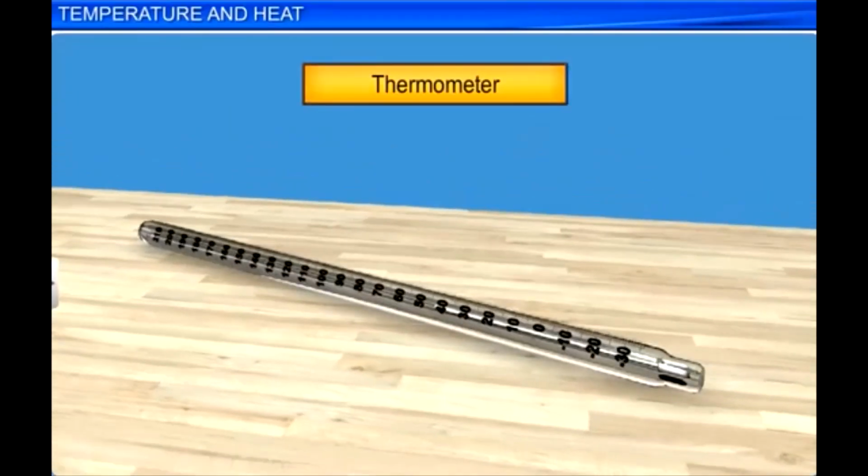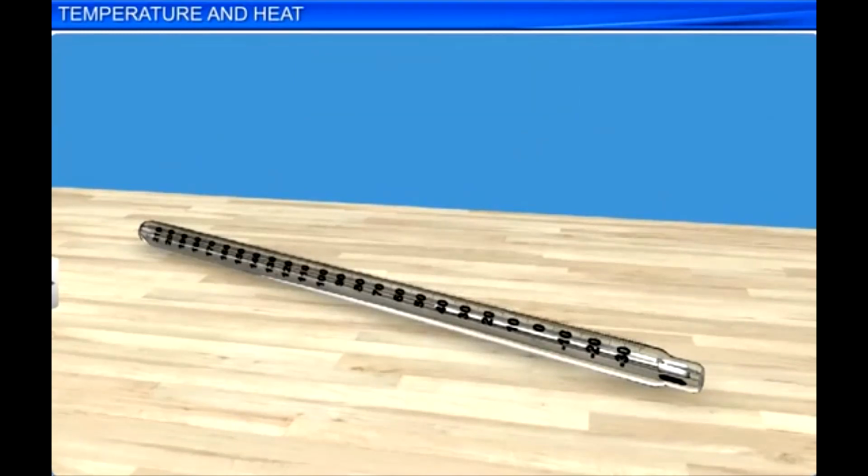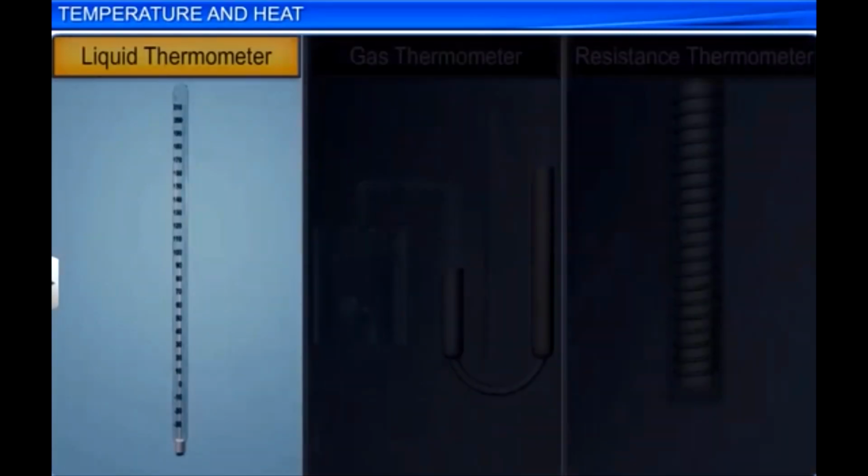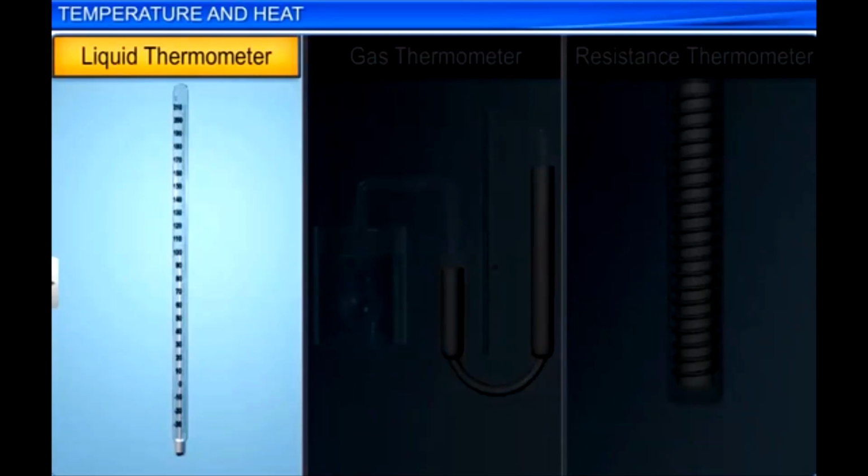We use a thermometer to measure the temperature of a body. While constructing a thermometer, we need to identify a specific property of a substance that varies linearly with the temperature. In case of a liquid thermometer, the length of the mercury column changes linearly with the change in temperature.